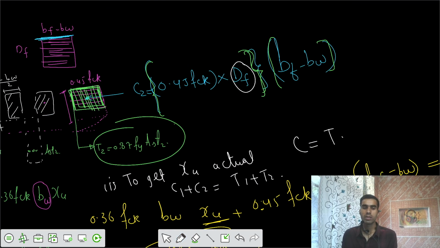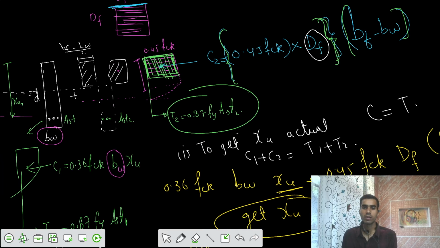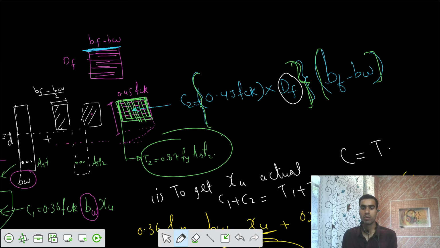Can you tell me what is the lever arm for the second moment that can be developed because of internal couple? This force is acting at, what is the centroid location from the top? Is it DF by 2? And if this is small d, at the level of steel, can you tell me what is the lever arm?